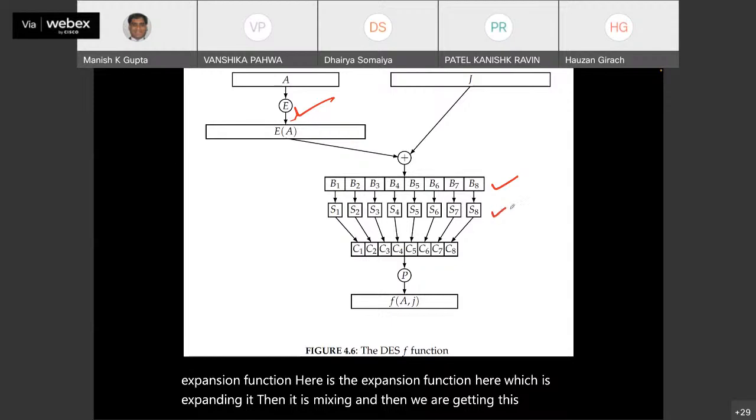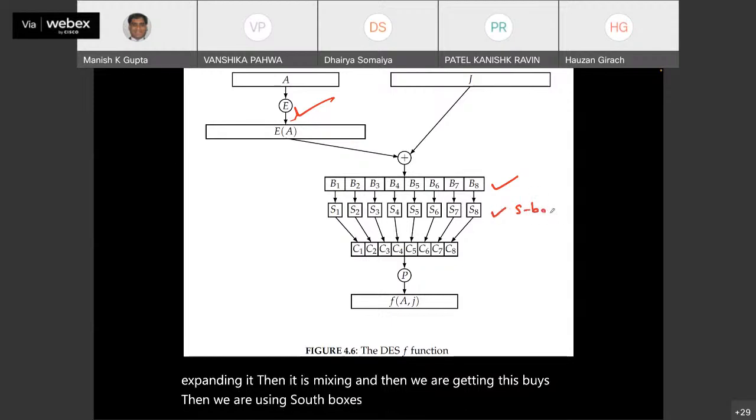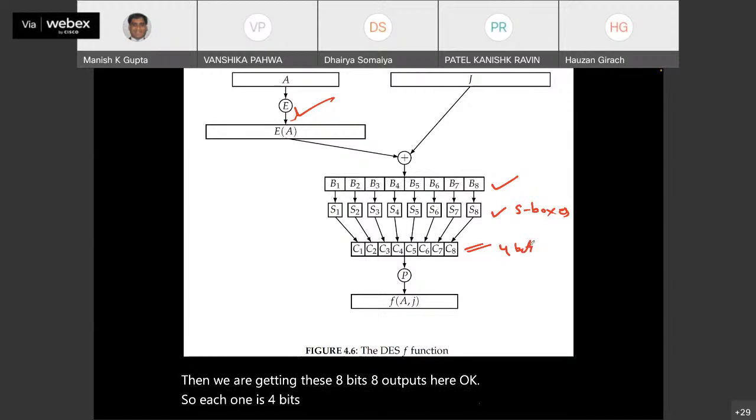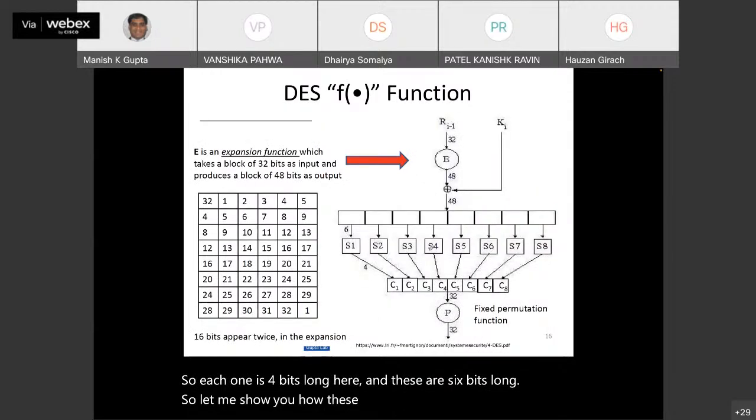Then we are using S boxes. These are eight S boxes, substitutions. Then we are getting these eight outputs here. Each one is 4 bits long here, and these are 6 bits long. So let me show you how these things work.